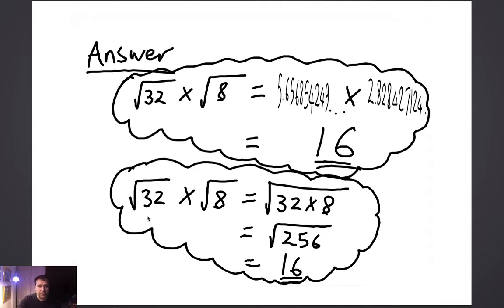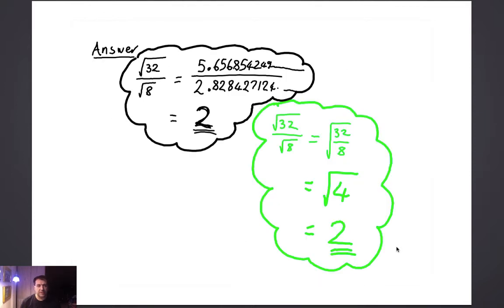When you do it from the rules, root 32 times root 8 is the same as the root of 32 times 8. 32 times 8 is 256, and the square root of 256 is exactly 16, because 16 times 16 gives you 256. So either way, you get the answer 16.